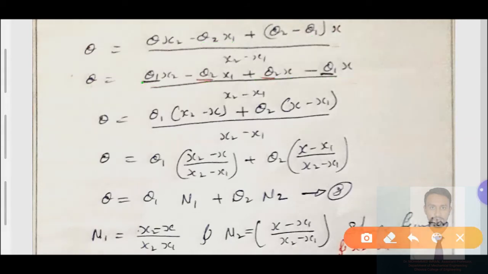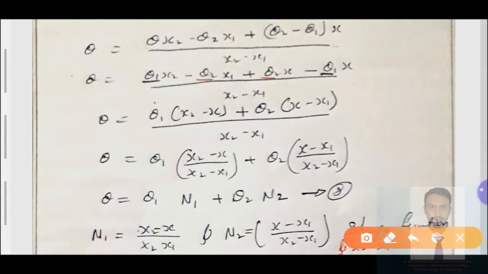Here we have theta 1 x2 and theta 1 x, so I take theta 1 common: theta 1 times x2 minus x. Now from here I take theta 2 common: plus theta 2 times x minus x1, then whole divided by x2 minus x1 as it is.